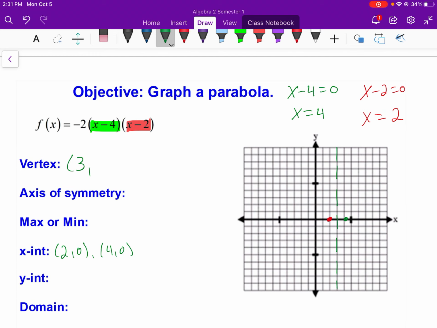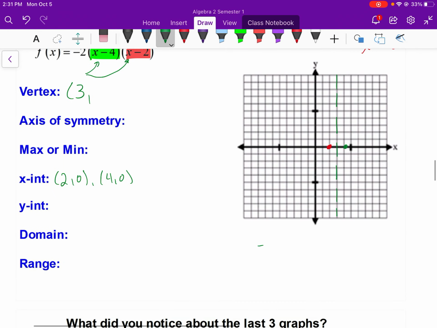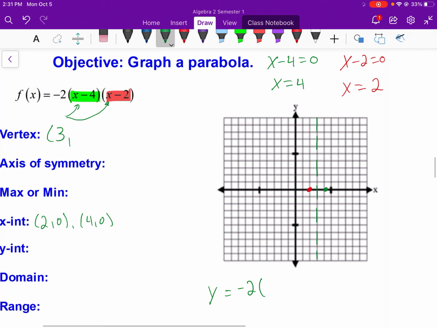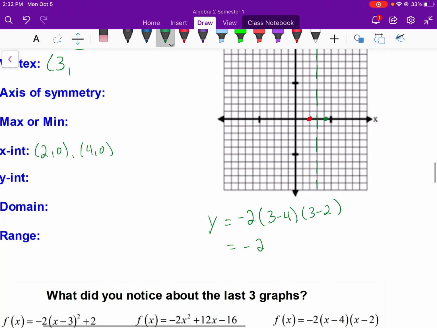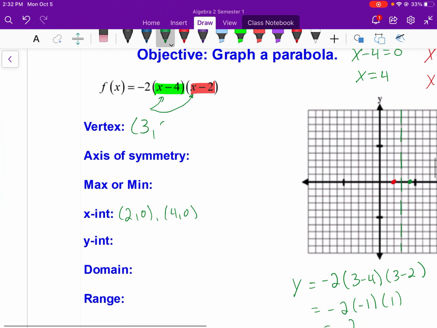Okay, so from there, plugging 3 into the equation, you get -2 times (3 minus 4) times (3 minus 2), which is -2 times -1 times 1, or just 2.